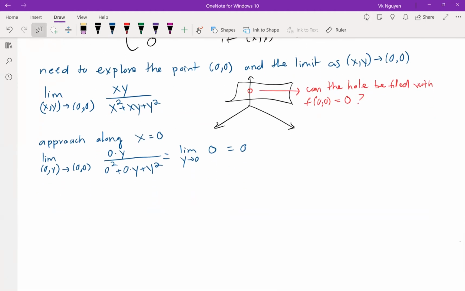Next, you have to figure out something so that the limit is different, hopefully. Approach along. Usually I try out x equals 0, x equals y square, x equals y cubed. And hopefully it works.